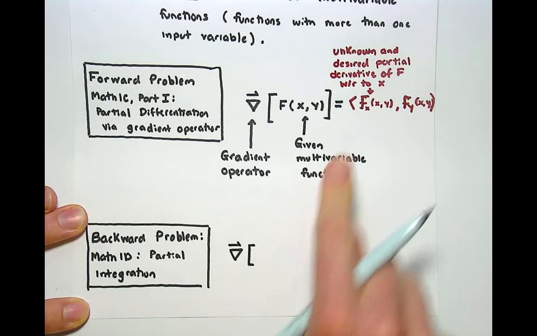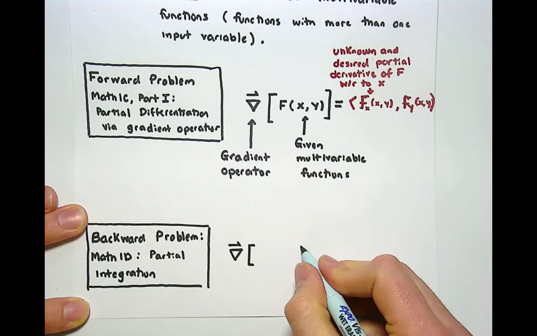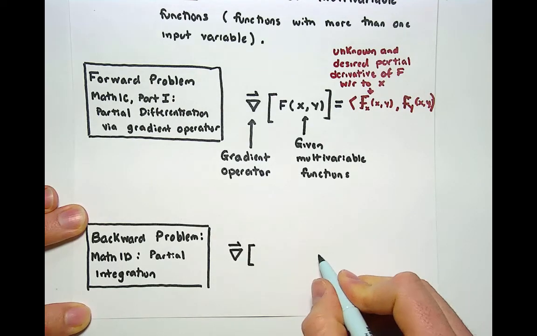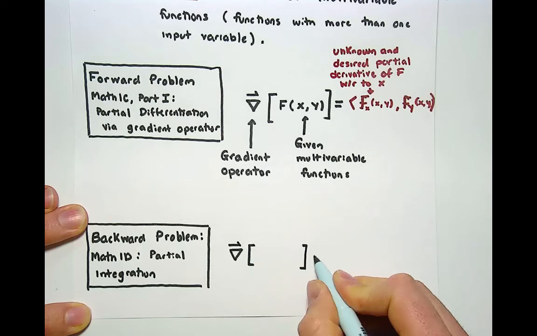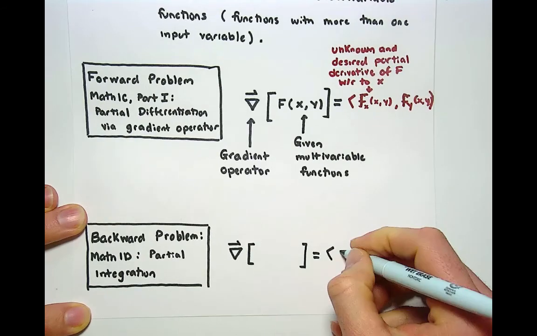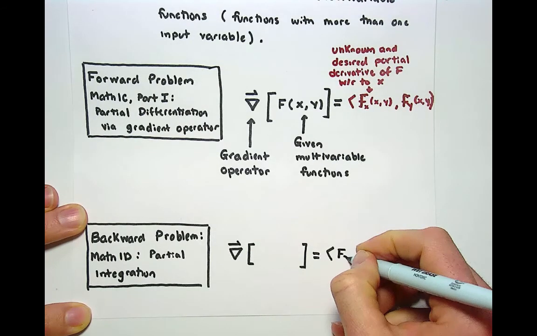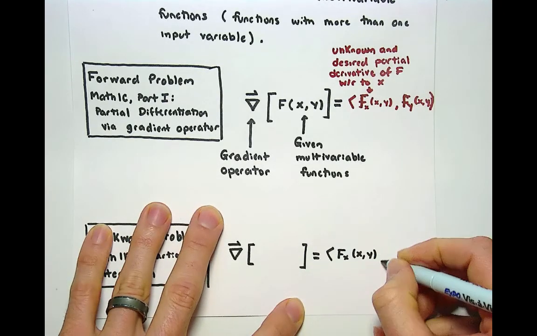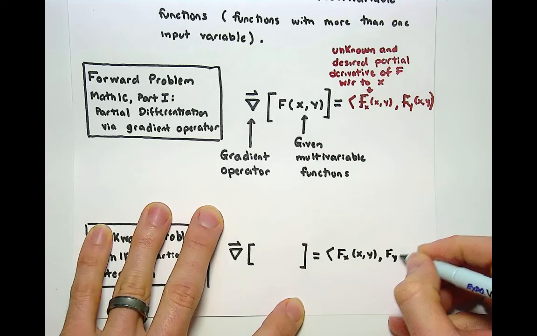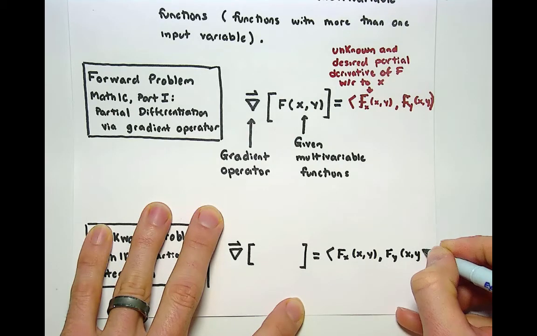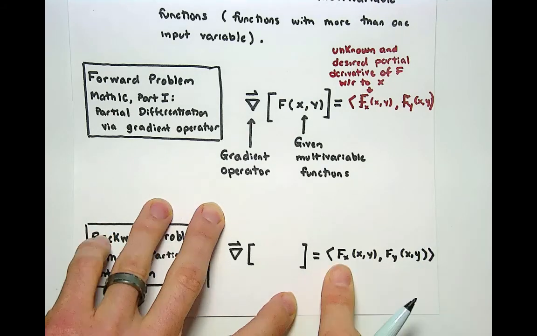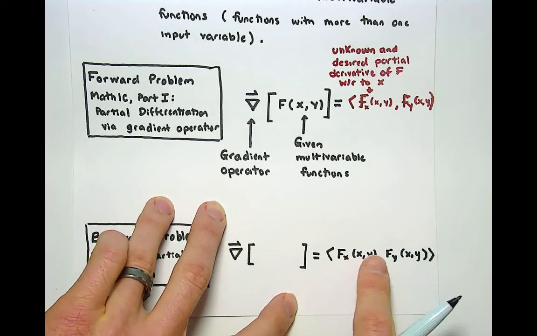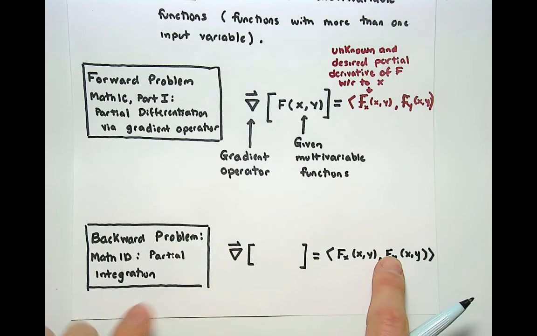In the backward problem, instead of me giving you the input and you producing the output, I'm going to say, hey, listen, here is a known output, which is the derivative of some multivariable function. So here's a vector with two functions, one in the first coordinate, one in the second coordinate.